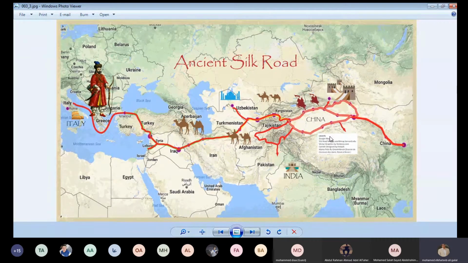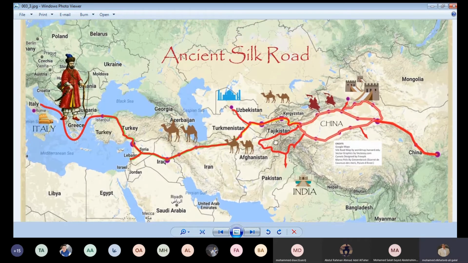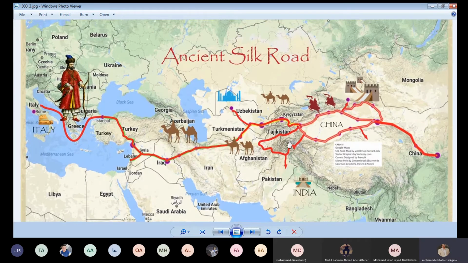Something related to the spices. And by the way, the spices at that time, they did not use it to flavor their food. For example, the usage of the spices nowadays, guys, is simply to spice or to flavor our food. But there is a specific kind essential for our food.